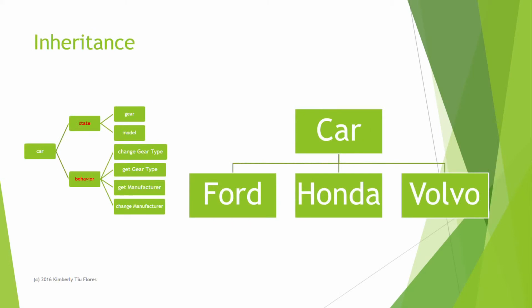What is inheritance? In object-oriented programming, inheritance allows classes to acquire common state and behavior from the superclass. Let us start off with our previous example. The class Car contains the common fields such as gear, manufacturer, model and color.